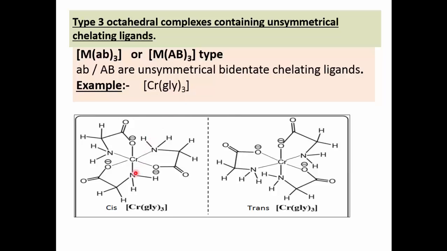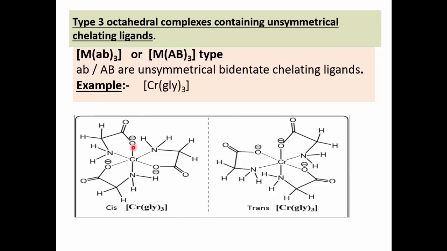See here, this is the chromium. Chromium is attached to oxygen as well as nitrogen of this glycine. Similarly, chromium is attached to nitrogen and oxide ion of this glycine. Similarly, it is attached to nitrogen and oxide ion of the third glycine. Now this structure is called cis structure. Why? Listen carefully.